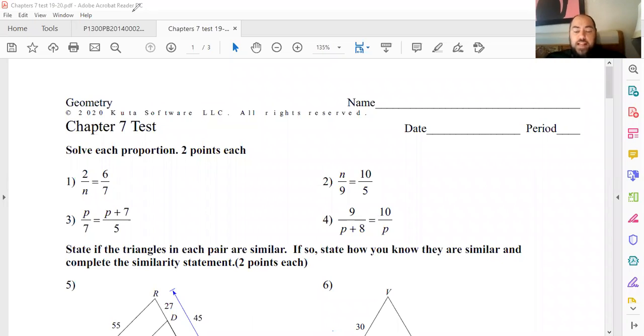Okay, so Chapter 7 test, solve each proportion. What this is asking us to do is solve for that missing number. The way we do that is by using the cross product property of proportions, the cross multiplication property.